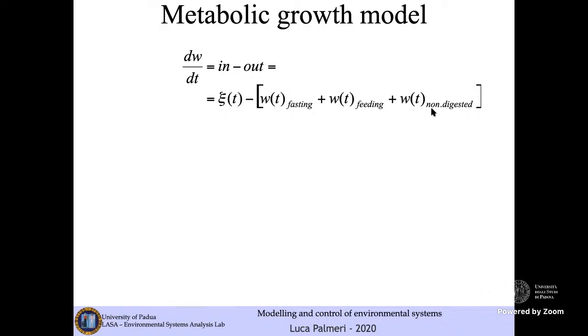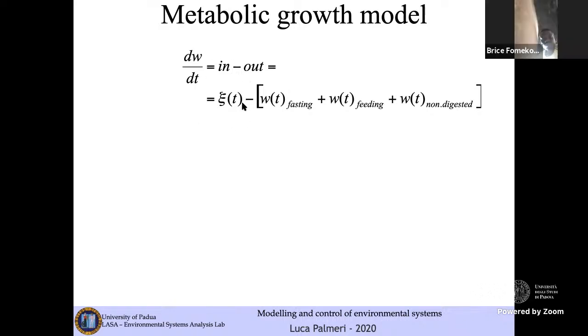And so this energy shall be subtracted from what enters into the animal. So now we are left with the problem of estimating these three factors, fasting, feeding, and non-digesting energies, as a function of the consumed food, C(t).